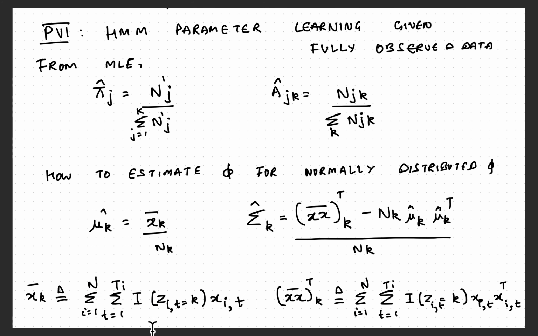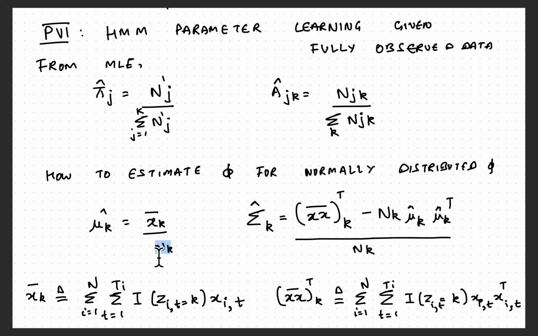Each time you're in the kth state, you add the observation to a sum starting from sum equal to 0, and you divide that by nk. Nk is the number of times you were in the kth state. So again, as you would expect, mu hat of k is the sum of all the observations when you were in the kth state divided by the number of times you were in the kth state.